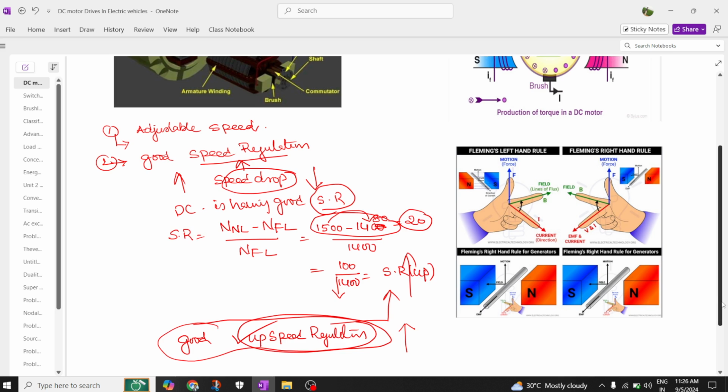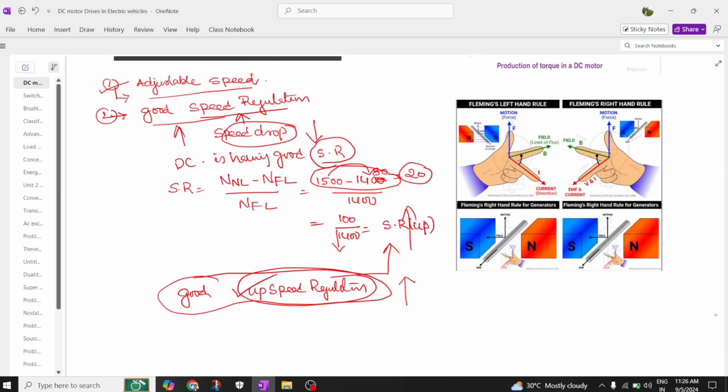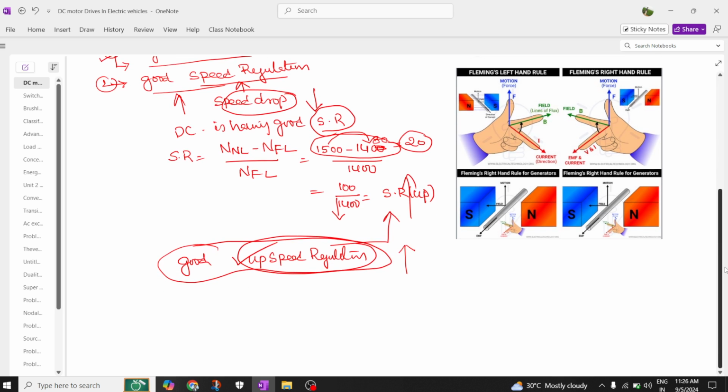So DC motors have adjustable speeds and good speed regulation. The change in speed from no load to full load should be minimum. If it is maximum, it's bad speed regulation, unable to withstand the load.